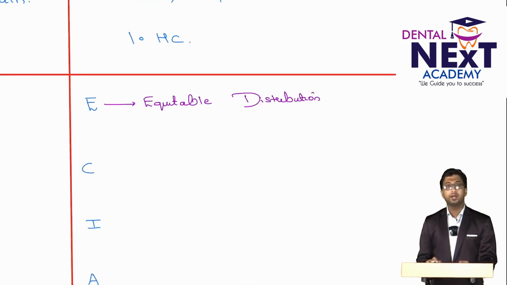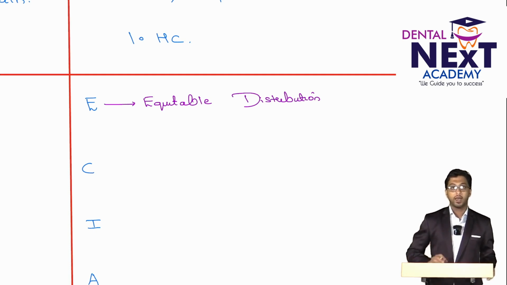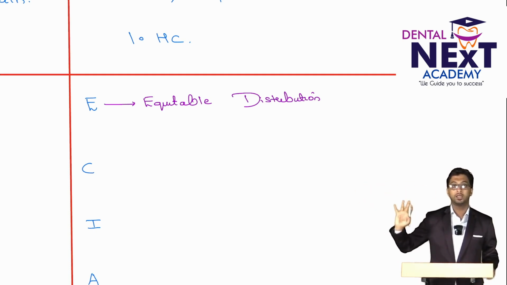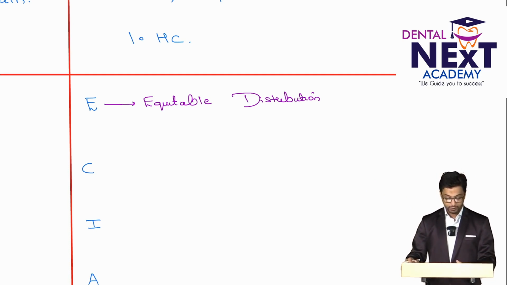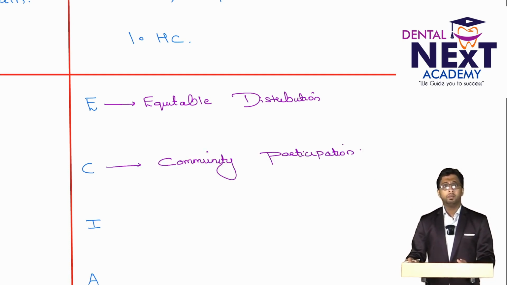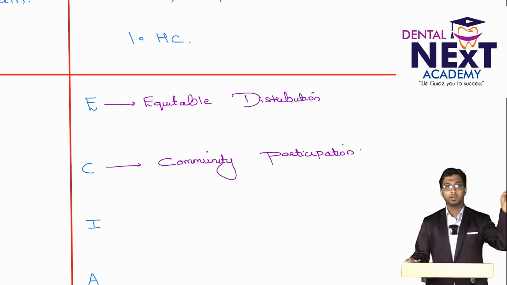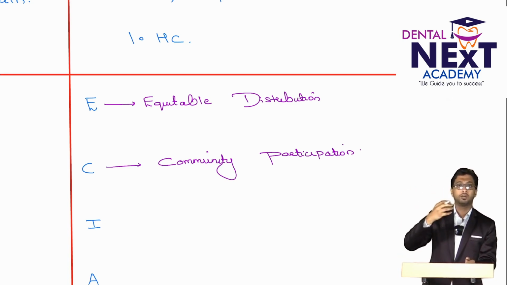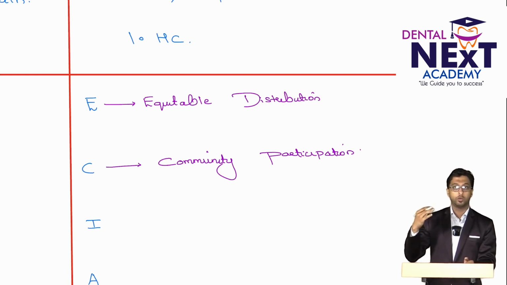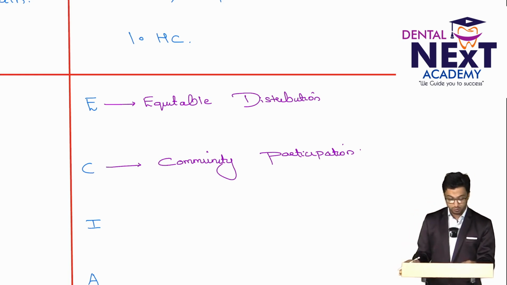The first thing is equitable distribution. It should be distributed equally. It is not that in a particular region lots of clinics are there and in another region there are no clinics at all or no primary healthcare system at all. So it should be equitably distributed. Then there should be community participation. It is not that the central government or the state government comes and just sets up a clinic and no one is involved. It should involve every sector of the community, higher authorities, lower authorities, everyone should participate. So community participation is very, very important.